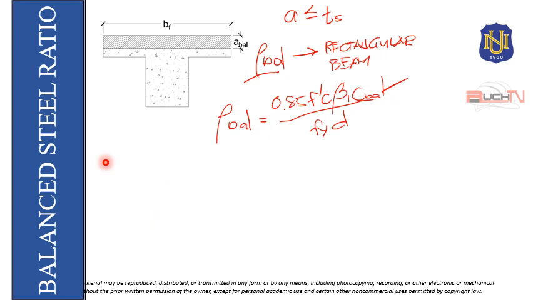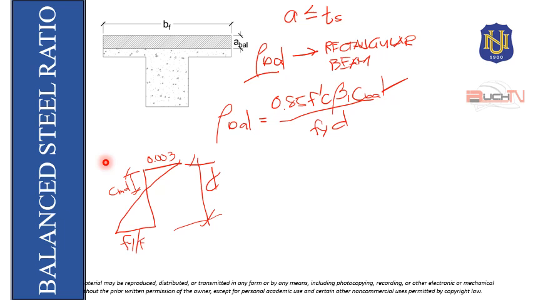So, strain diagram lang siya. Derived strain diagram. So, let's say this is 0.003. Ito yung C balance. Tapos, ito yung D. So, ito, this is Fy over Es or siya yung epsilon Y, or strain Y. So, meaning that is C balance over D.